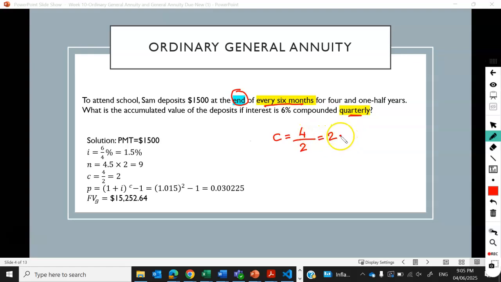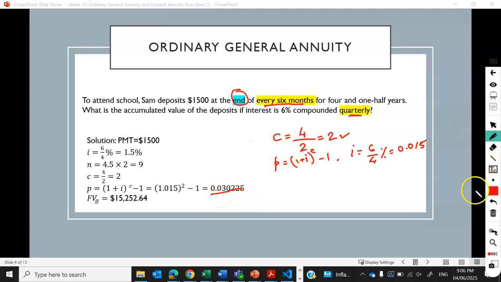So we got the value of C, and then we will find the equivalent rate of interest using this formula: 1 plus I exponent C, minus 1. The calculation of I is the same: 6% compounded quarterly, so it is 0.015. Using this formula, we know the C value and the I value, so substitute and calculate P. You will get the P value as 0.030225.